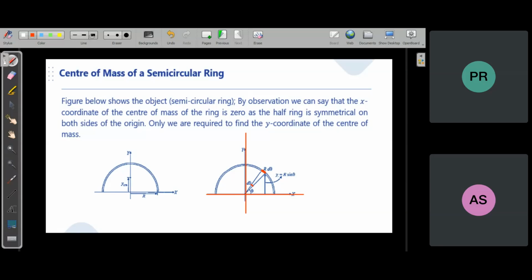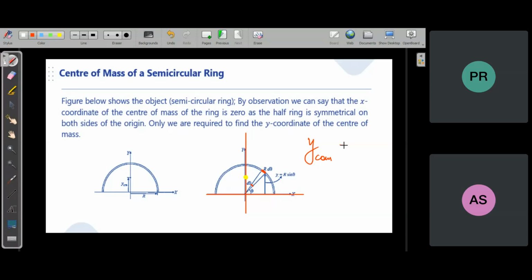Here you can see on both sides of y-axis, the mass distribution is exactly identical. So center of mass will definitely lie somewhere on the y-axis, and the x coordinate will be 0. Because it lies on the y-axis, you need to only find the y coordinate of the center of mass.